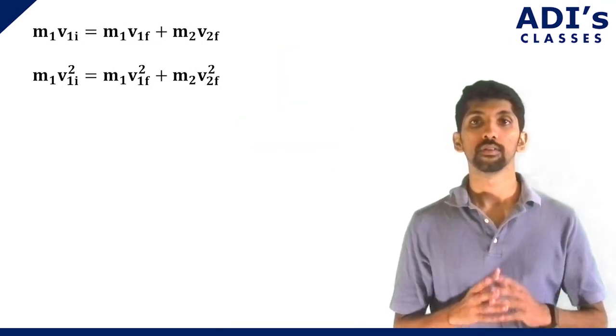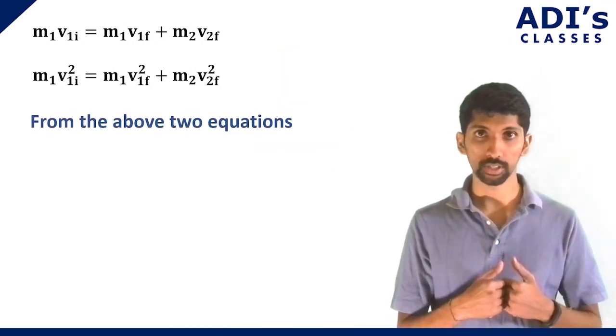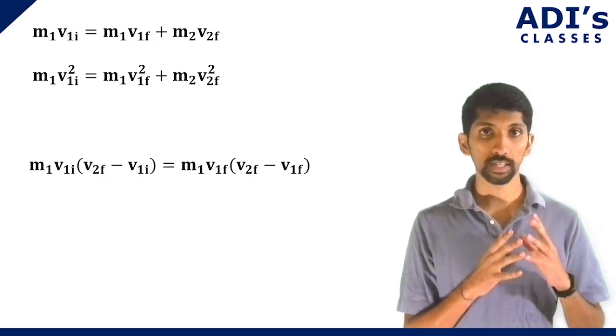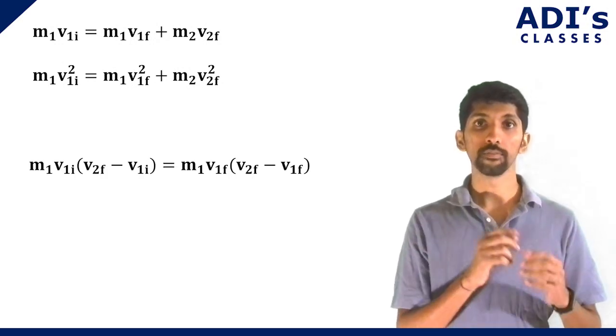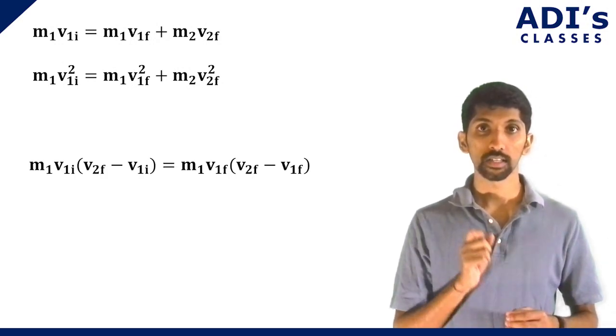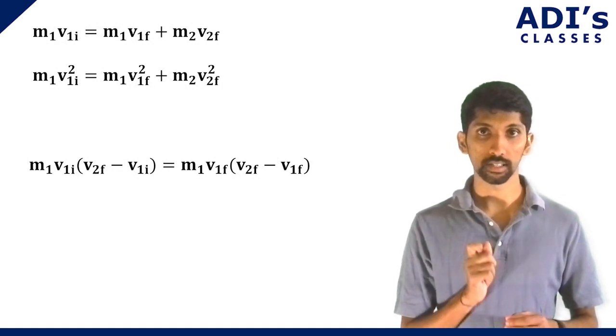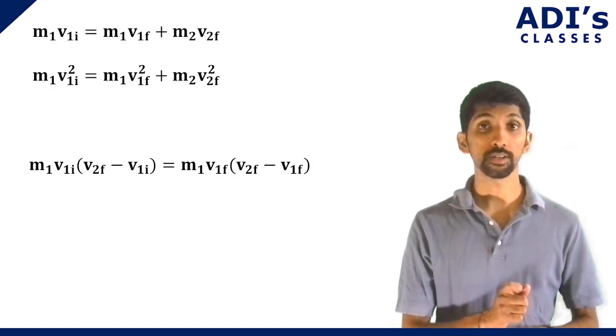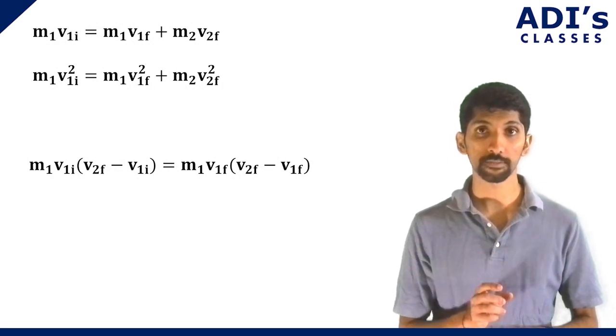Now see, taking the above two equations, what we have is m1 v1i into v2f minus v1i is equal to m1 v1f into v2f minus v1f.